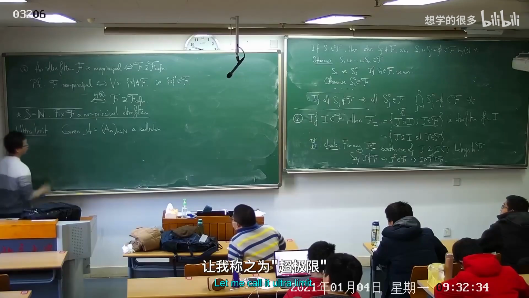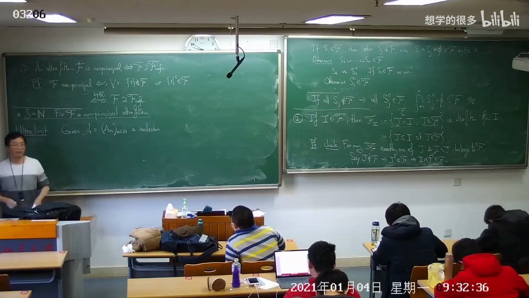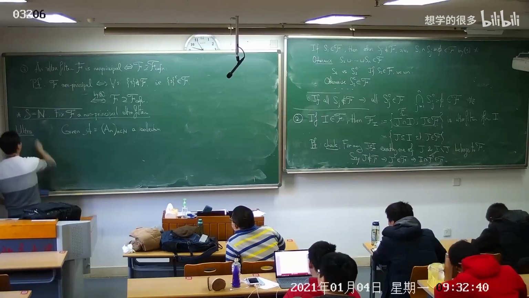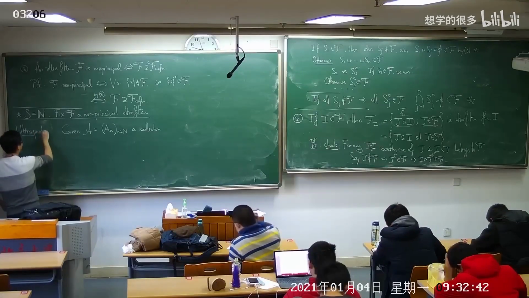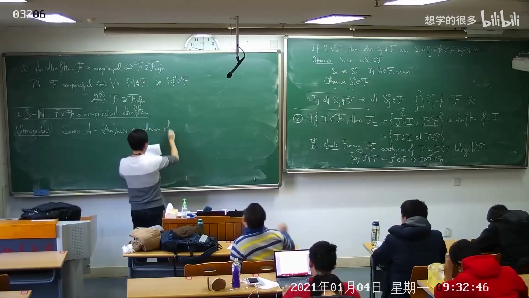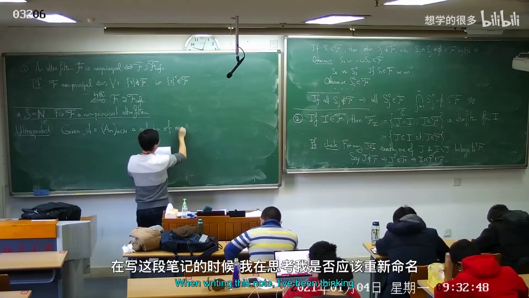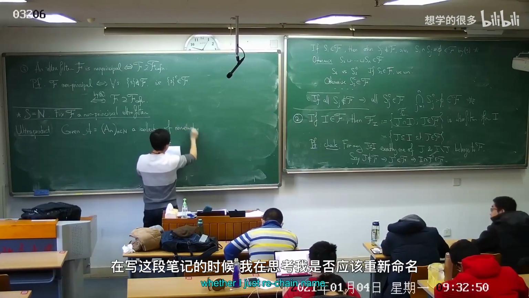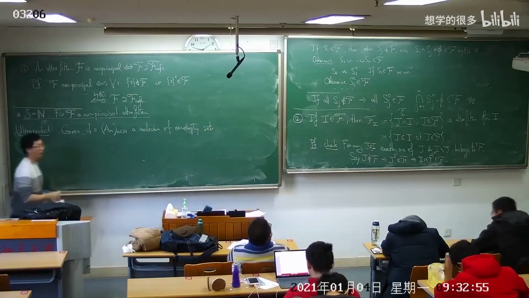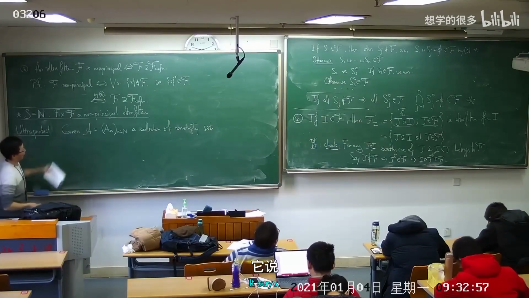Other people call it ultra product. Because what we're doing is really taking limits. We'll see that. When writing this note, I've been thinking whether I should change the name to ultra limit. No, it's not that. So I have a collection of non-empty sets.